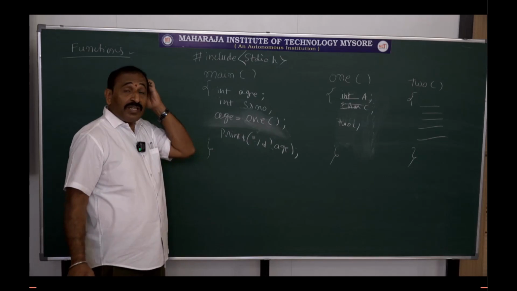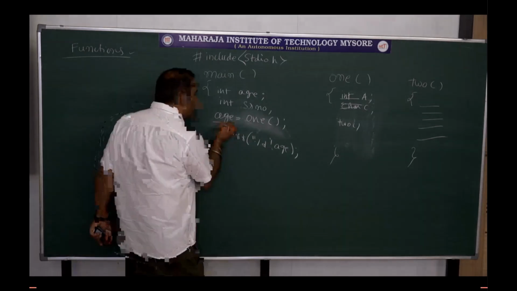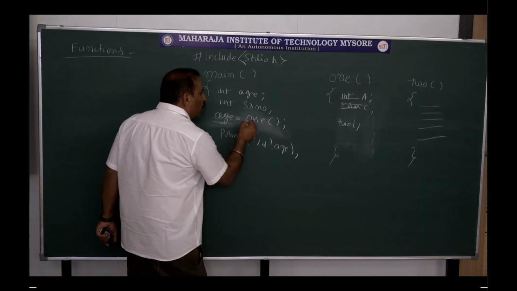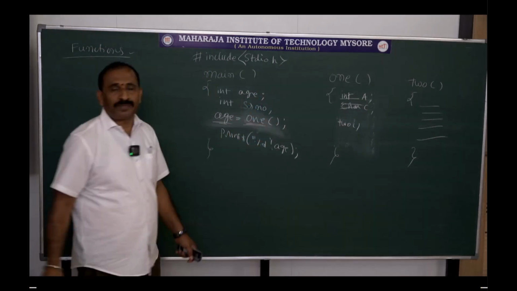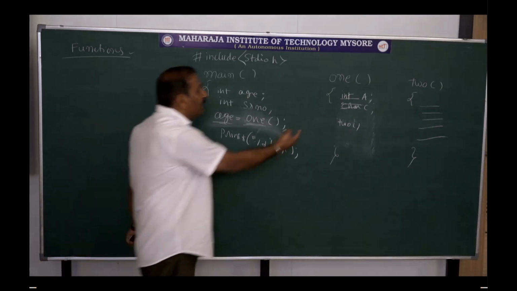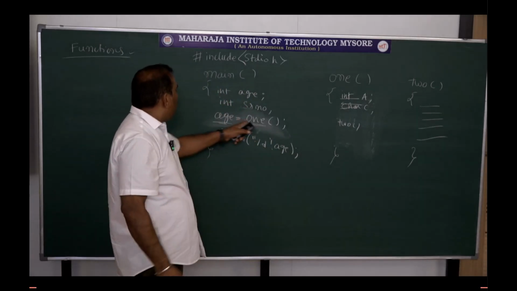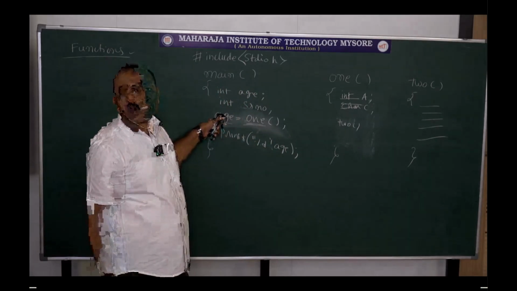It means you can change the value of this age by using this function called 1. It means this function should return some value and that value should be stored in age.